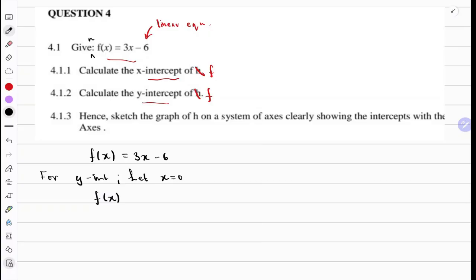F of x, which is equal to y, should be equal to 3 times 0 minus 6, which is equal to negative 6. And this here then becomes your y-intercept.